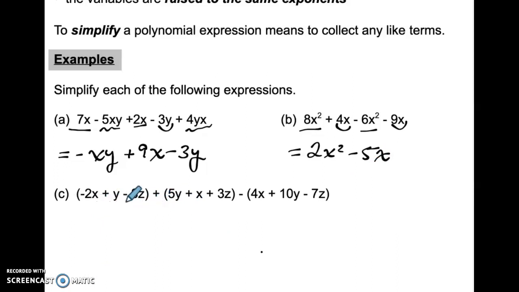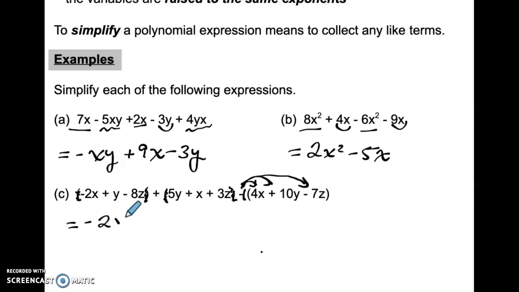For example C, there are brackets. If there's nothing out front of the brackets, they don't actually do anything, and we can ignore them. And same thing if it's just a positive. If you're adding, the brackets don't actually do anything. Okay, but if it is a negative, then you have to think about it as a -1, and you're really distributing in that -1.